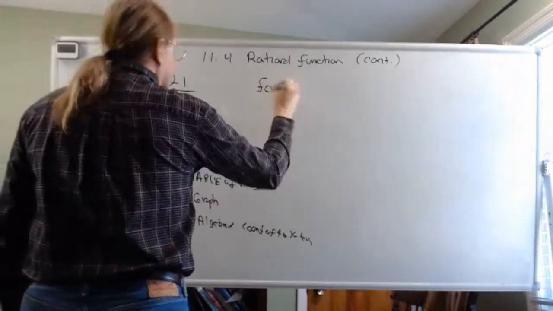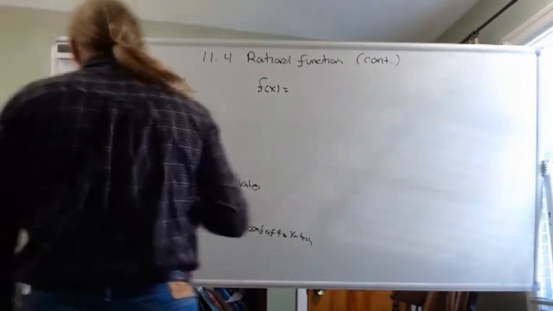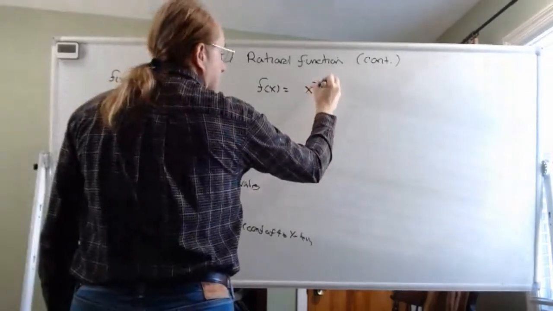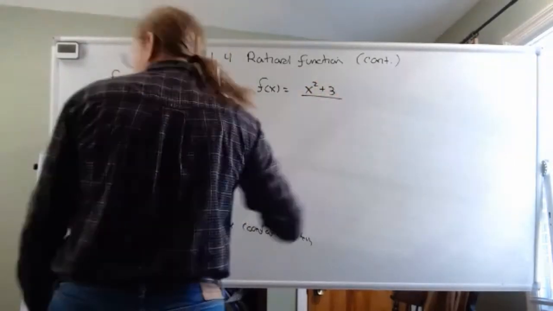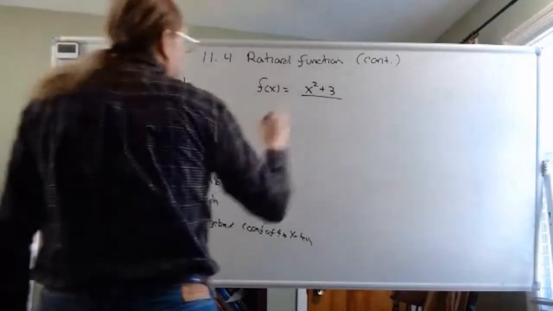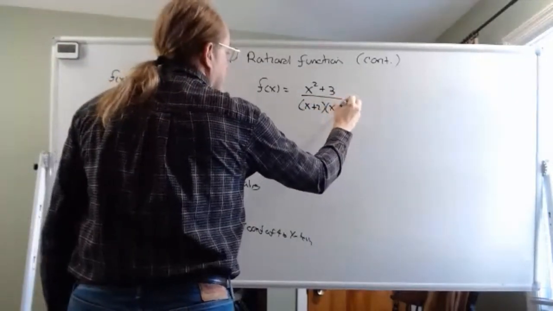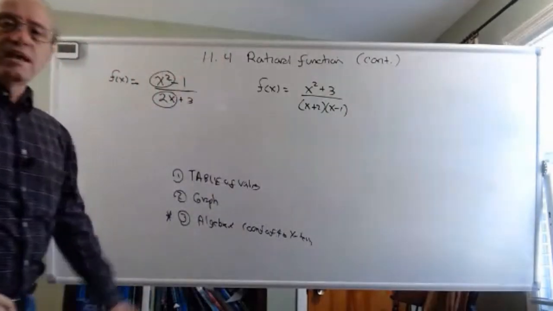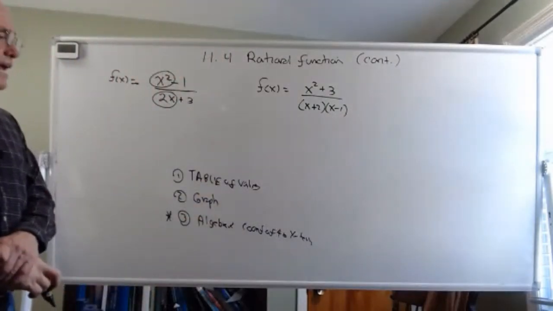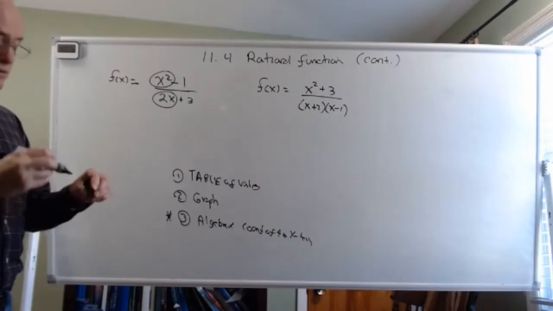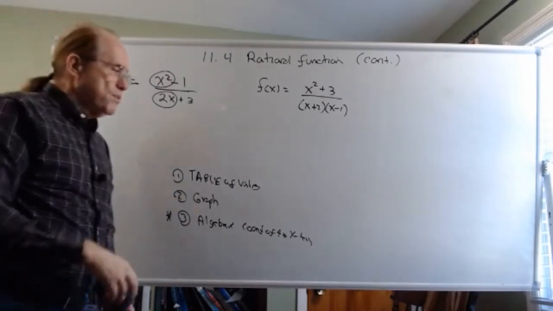Let's take a look at another example over here. Here's another example. So we have x squared plus 3, all over, and I'll factor this already for us, x plus 2 and x minus 1. What I'd like you to do is try to analyze that a little bit. Find its excluded points.